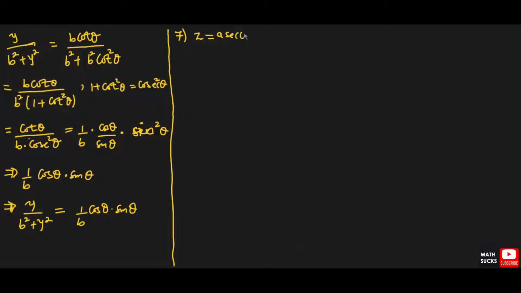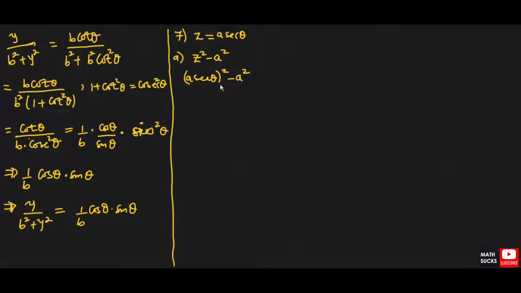In question 7, you are given that z is equal to a sec of theta. Part A wants you to simplify z squared minus a squared. As usual, just do the same thing: plug in whatever you can as given, and then try to simplify.